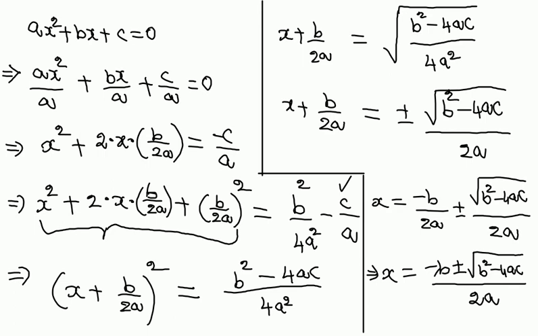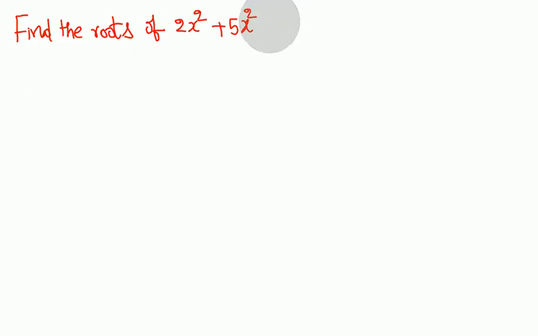Now let us find the roots of this equation. Find the roots of 2x square plus 5x plus 3 is equal to 0.